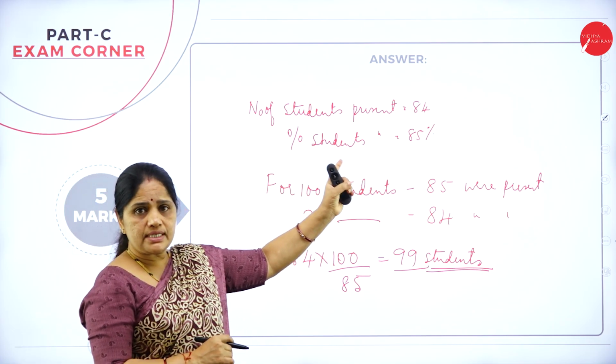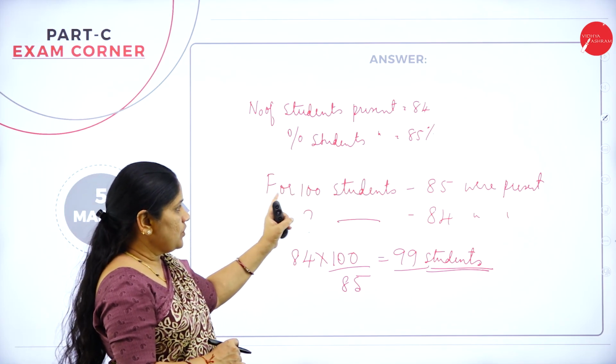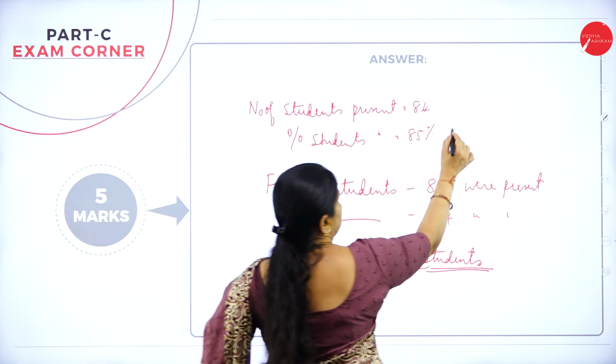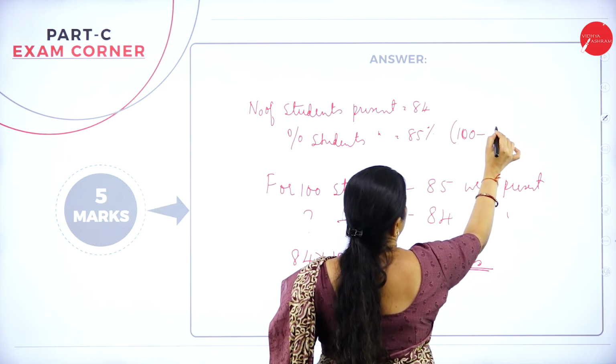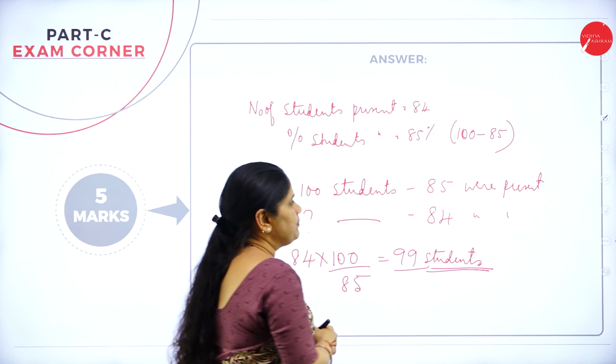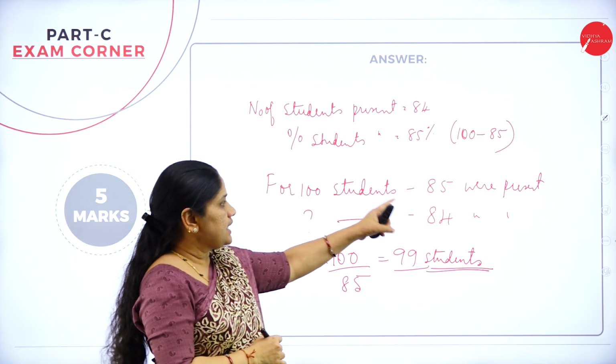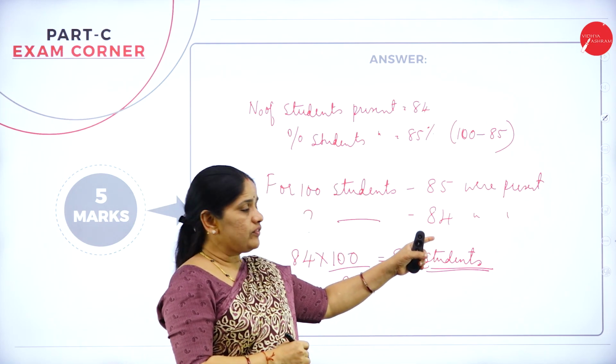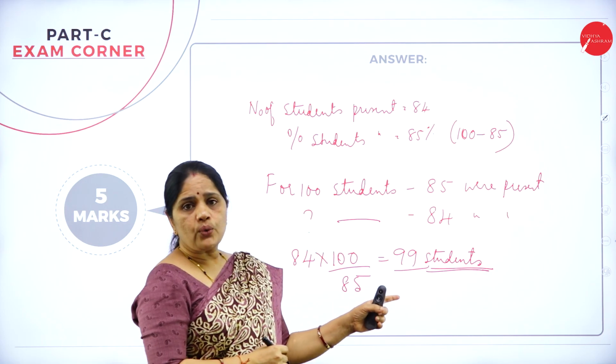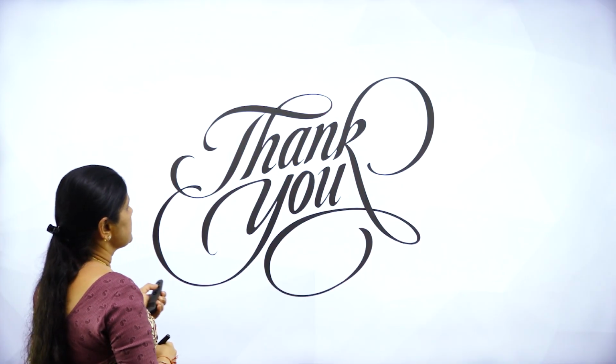The percentage of students present is 85%. So out of 100 students, 85 were present. If 84 were present, what is the number of students? We get 99 students. With this we come to the end of the session.